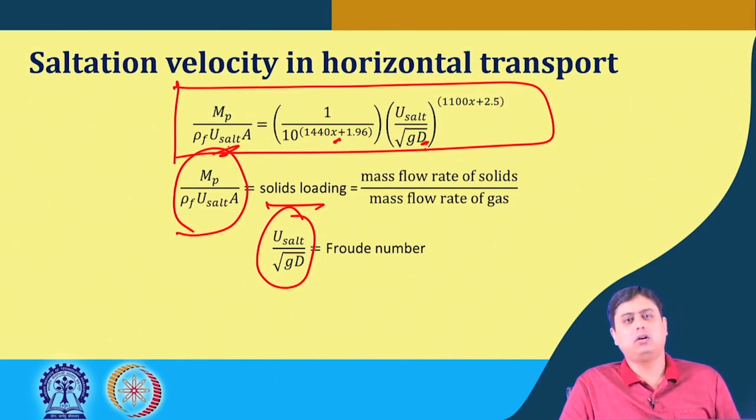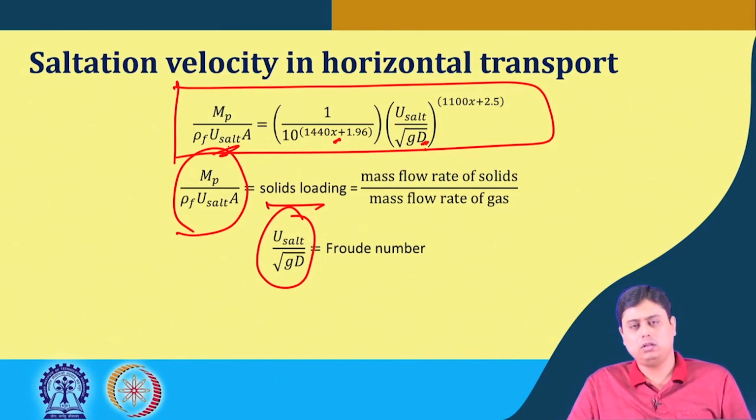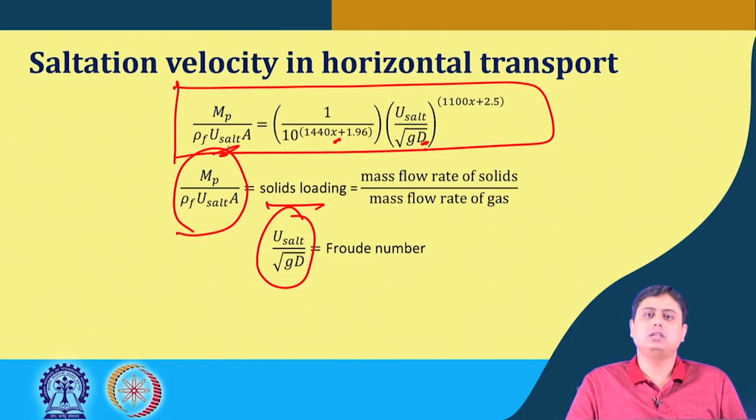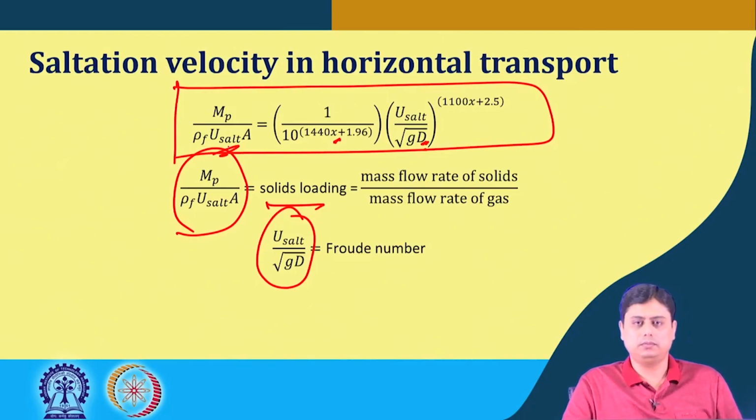In case of dilute phase transport, horizontal as well as vertical flow, how do we arrive at the choking velocity and the saltation velocity? Choking velocity in case of vertical flow, saltation velocity in case of horizontal flow.